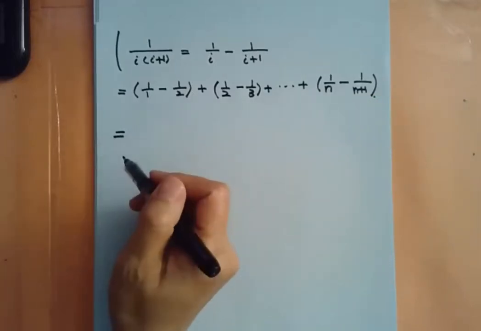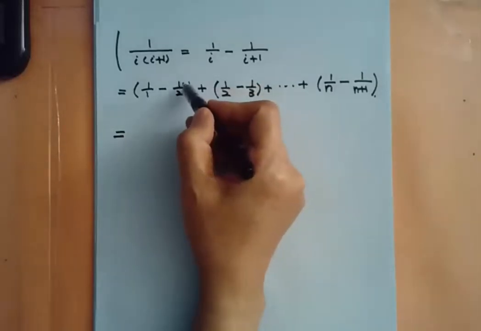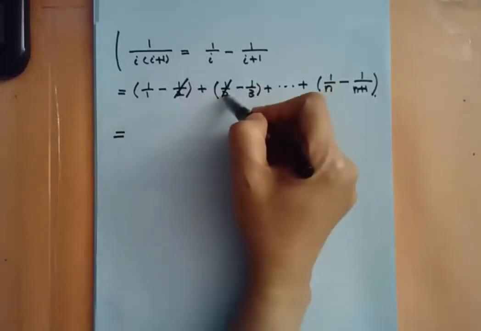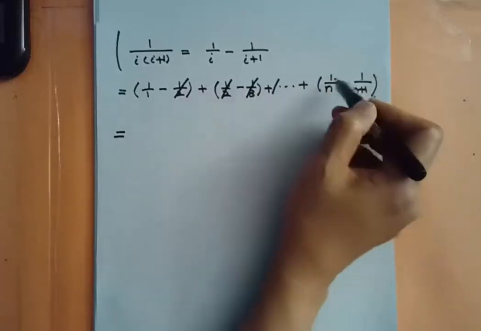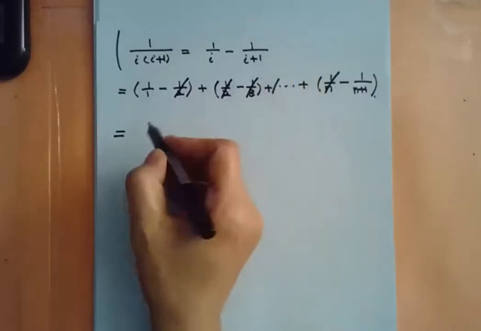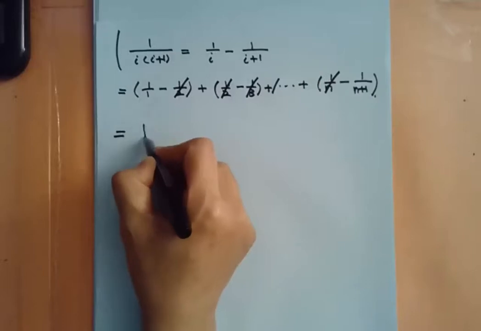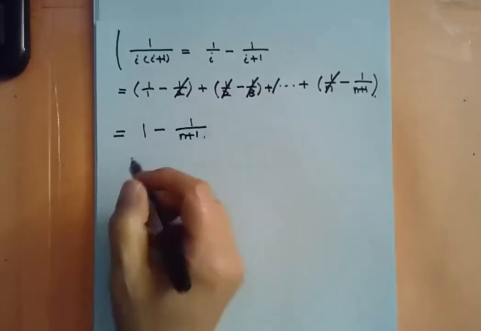So minus 1 over 2 and 1 over 2 cancel each other, and the same thing cancels each other, and this one cancels with the previous one. So that is 1 over 1, which is 1, minus 1 over n plus 1.